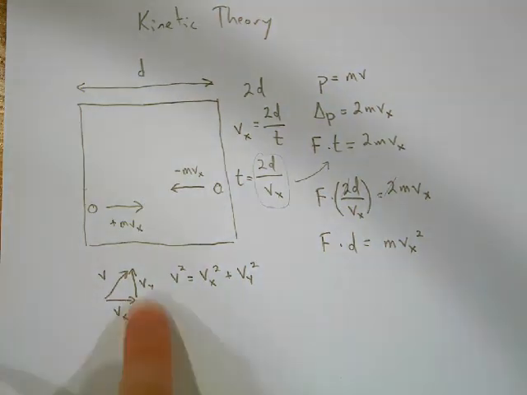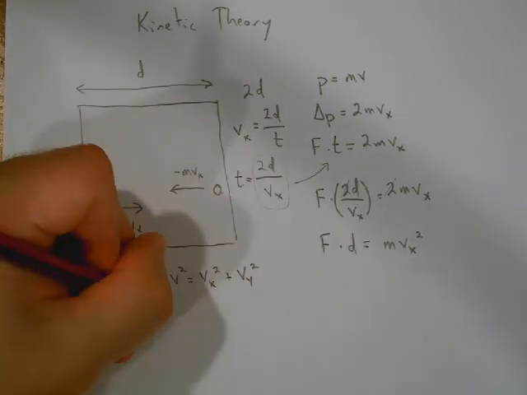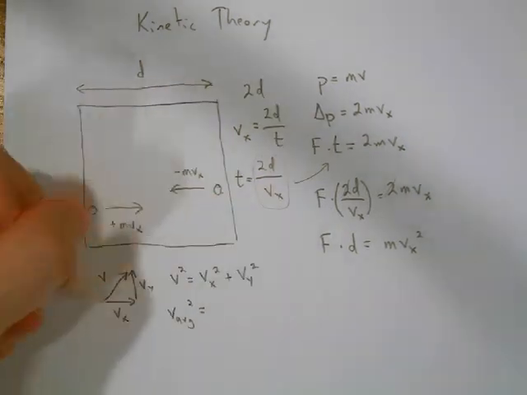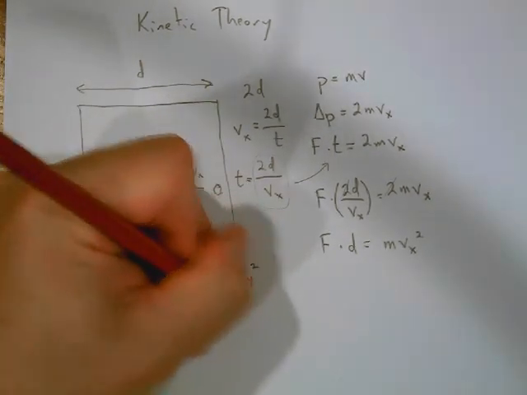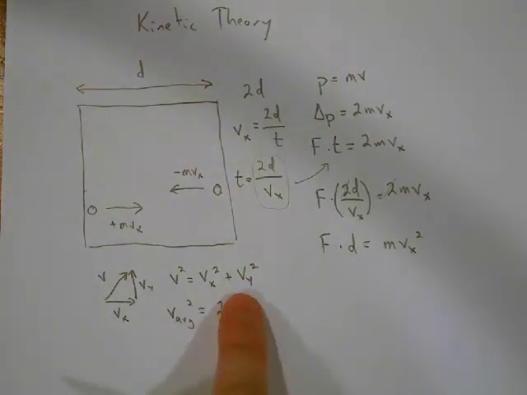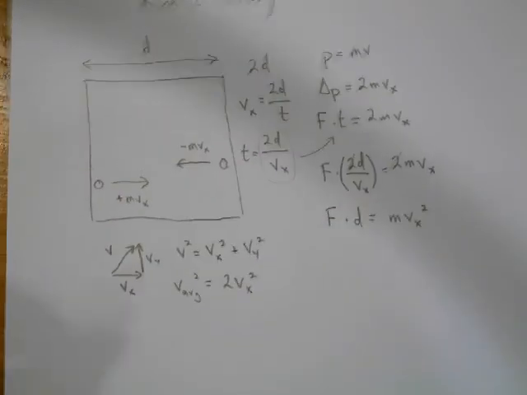But remember, there's no reason the y velocity should be different than the x velocity if we're talking about an average. So really, our average speed squared, if it was just moving in the x and y direction, would be equal to 2vx squared. Assuming, again, that on the average, these are going to be the same. But it's not just going to be moving in 2D, it's going to be moving in 3D.